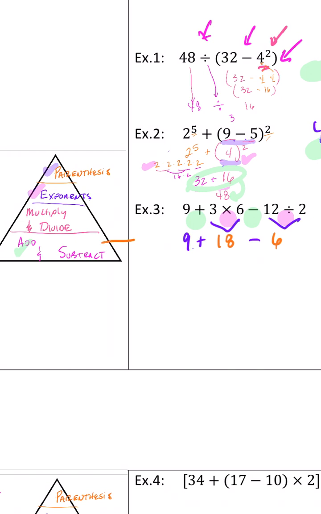And remember, I told you to draw this because that means with addition and subtraction, we just go left to right. They are inverse operations of each other, so we're going to go left to right. That means we're going to first add 9 plus 18, which is going to give us 27, minus 6. 27 minus 6 is 21.